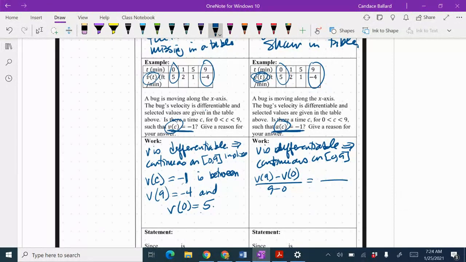And we know that it would be -4 minus 5 over 9. So it's going to be -9 over 9, which is -1. What I really should have said was, therefore IVT applies, and therefore MVT applies. So if MVT applies, I know that this slope is equal to the acceleration. So acceleration at c equals v prime of c equals -1.